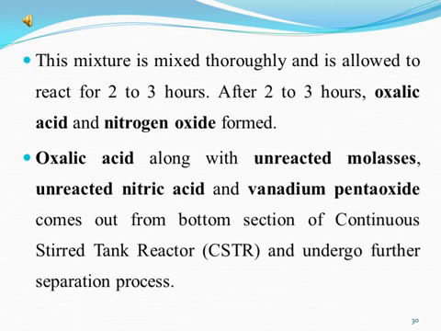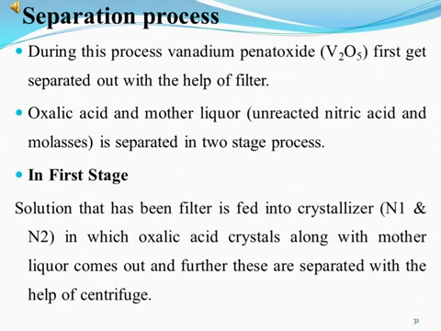Oxalic acid along with unreacted molasses, unreacted nitric acid and vanadium pentoxide comes out from the bottom section of the continuous stirred tank reactor (CSTR) and undergoes a further separation process.